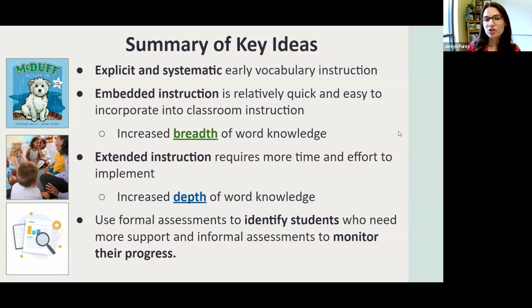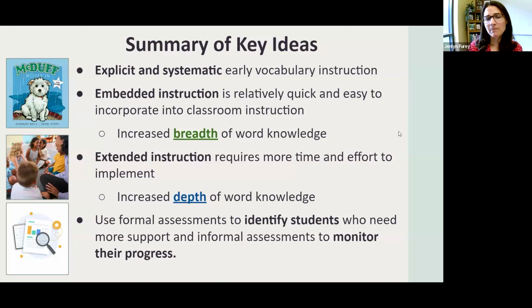Both embedded instruction and extended instruction are recommended, and they are evidence-based and shown to be effective. Extended instruction is going to be especially helpful for students with underdeveloped vocabularies, and it's going to help increase the depth of knowledge for all of your students. But we recognize the balance that extended instruction does take more instructional time.